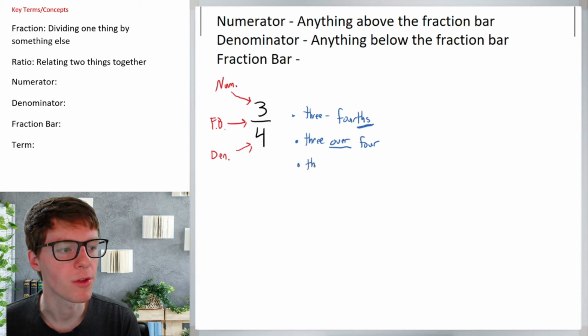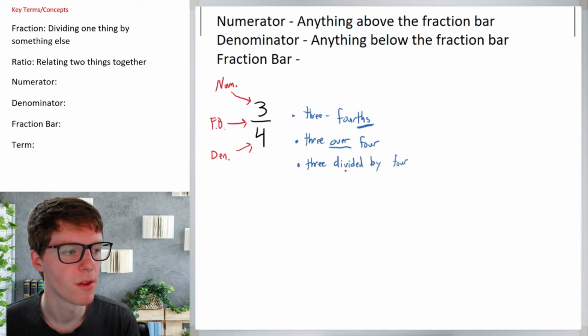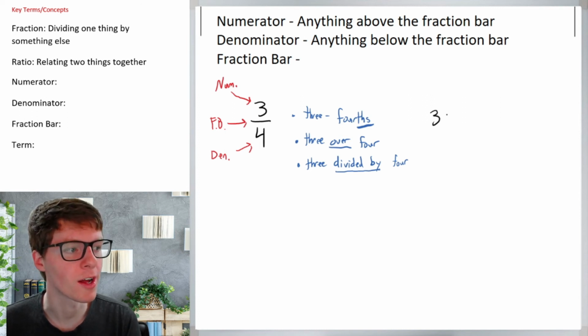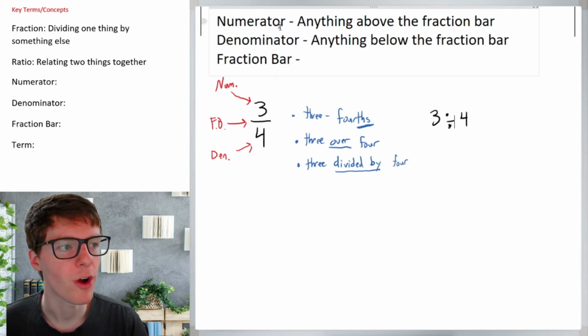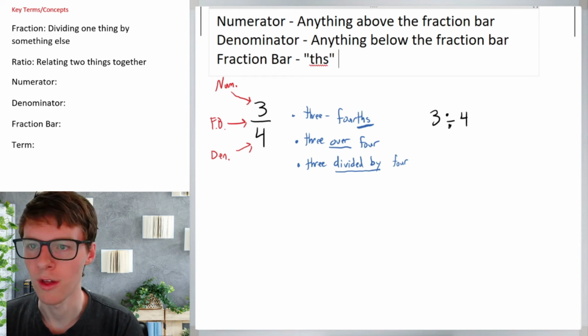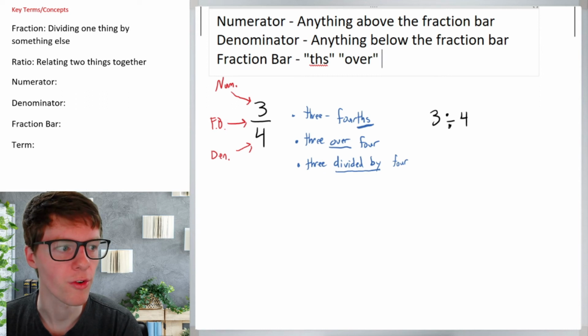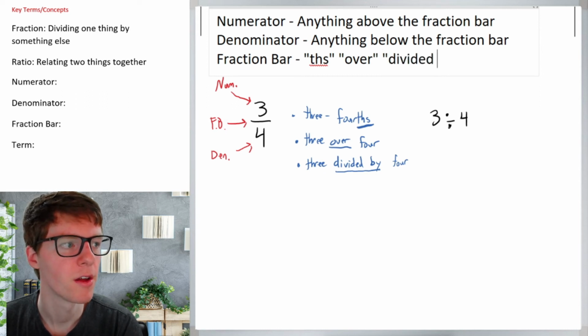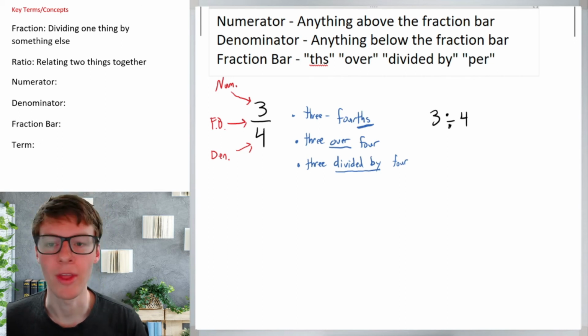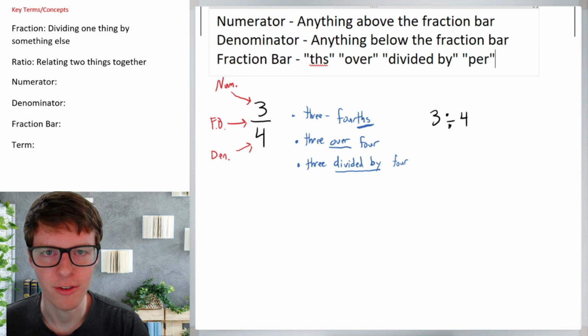Or another way to say it would be 3 divided by 4. Because really, 3/4 is just another way of writing 3 divided by 4. So your fraction bar is going to be with the word over, the word divided by, or in terms of ratios, the word per. Those are little keywords to let you know it's a fraction.